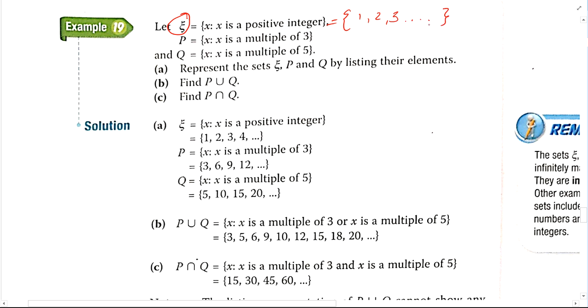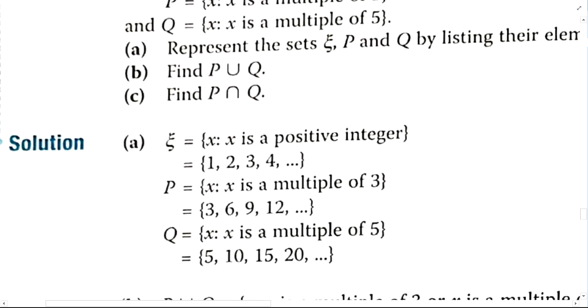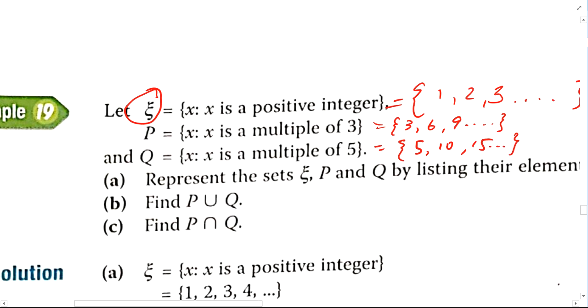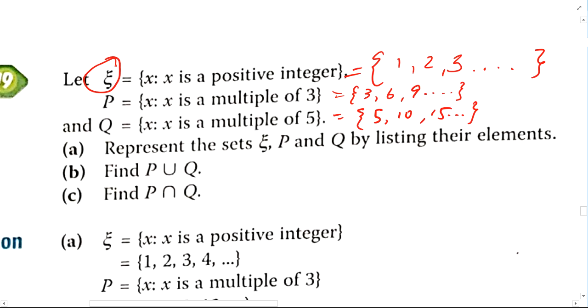P is a multiple of 3, so we've got 3, 6, 9, so on and so forth. And inside Q, we've got 5, 10, 15, and so on. Represent them by listing elements. Okay, done that already.